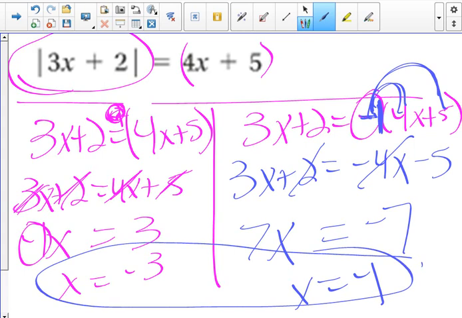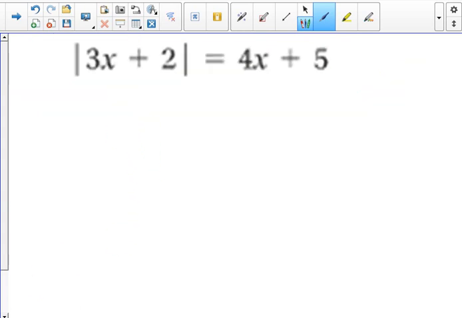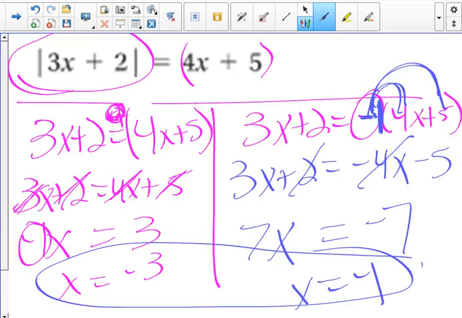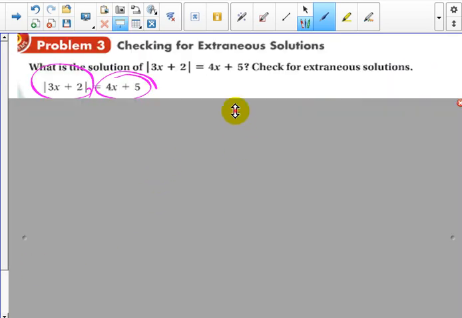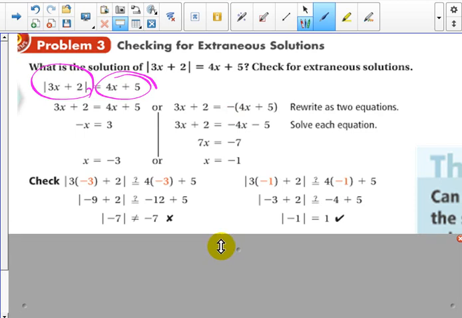Now when you plug them in to check, and we're running out of time, so I'm just going to show you, it's already worked out up here. When you plug them in to check, you notice that they don't equal. You get the absolute value of negative 7 equals negative 7.